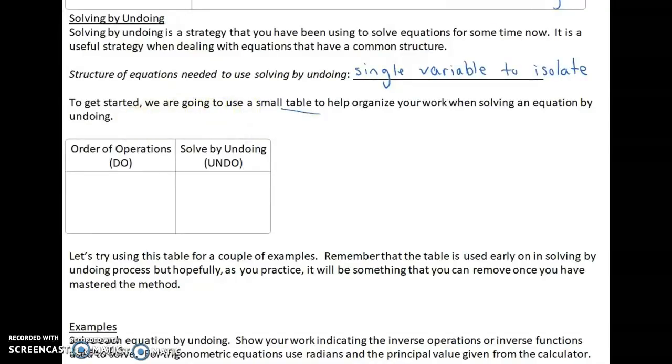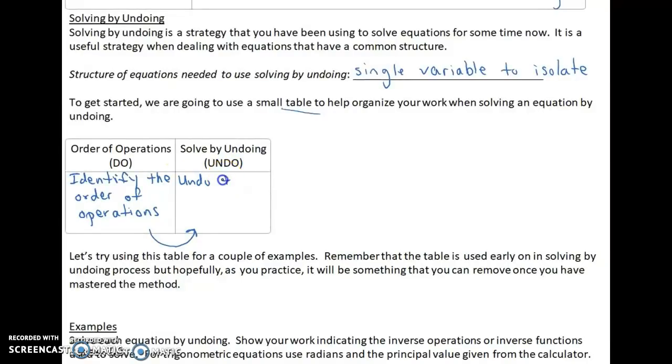To be able to isolate that single variable, we're going to use what's called a do-undo table to help organize our work and give us a path through this. So when you look at the table, the left side of the table, we're simply going to identify the order of operations. What's being done to that particular x value? And once you've identified what those order of operations are to that particular x value, you can then decide how you would undo those, right?